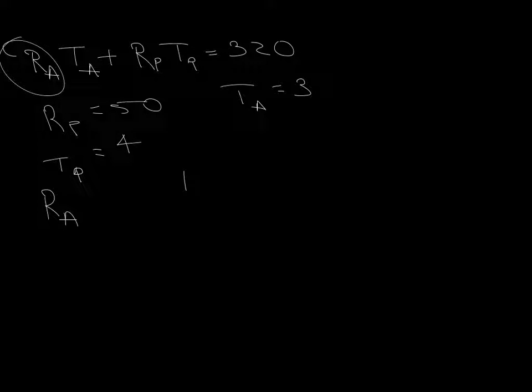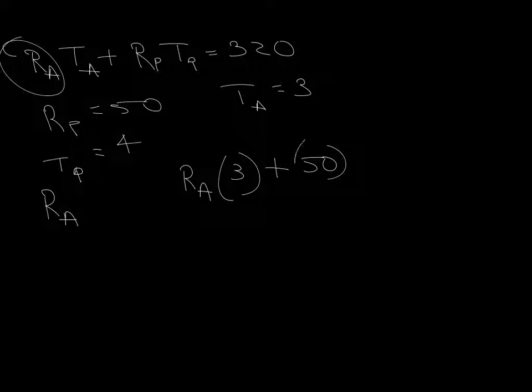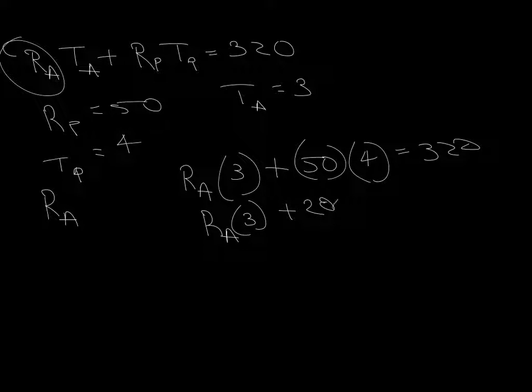So all we do is plug the information that we know in. We know that TA is 3, RP is 50, and TP is 4. And that equals 320. And then we just do the math. RA times 3 plus 200 equals 320.